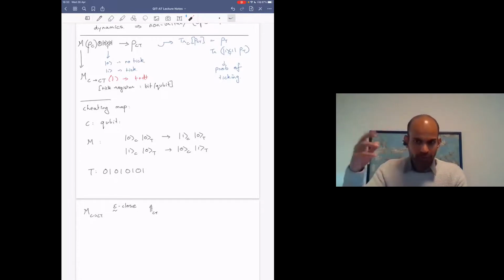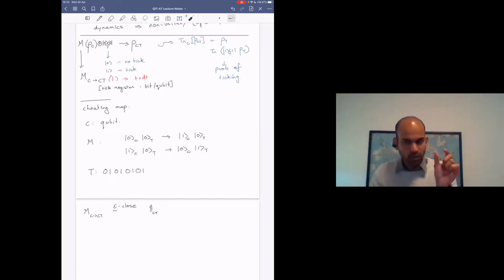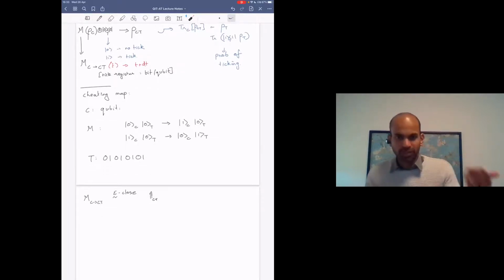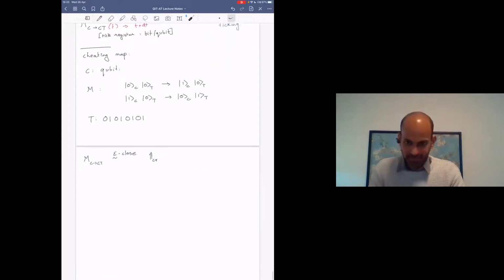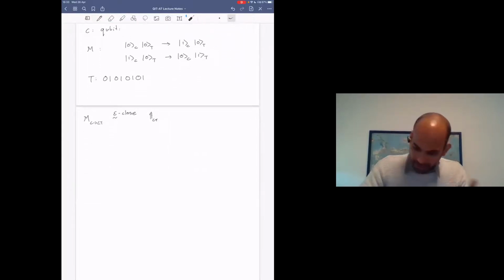So it's good to shift to a discrete picture to consider what happens in a small unit of time. At the same time, it's important to understand that this map is not discrete in the sense that it has a finite change. It must be arbitrarily close to identity as we take that time dt to be as small as we can. All right, thanks. Thank you for the question.